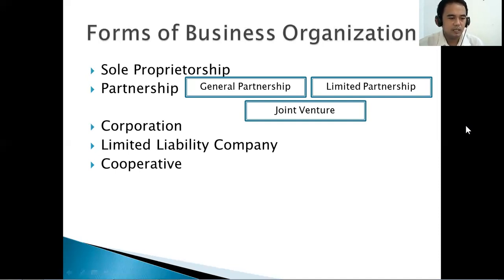The limited liability company may elect to be taxed as a sole proprietorship, a partnership, or a corporation.